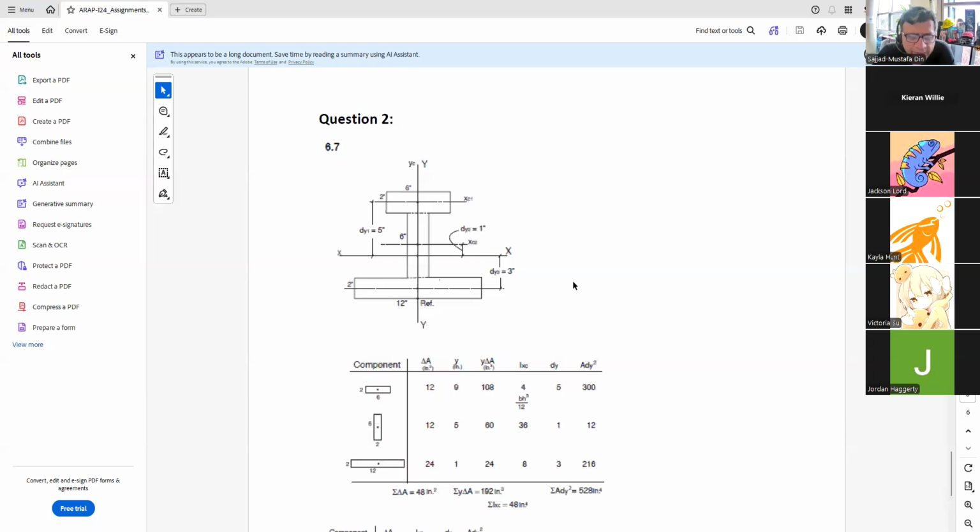There's two ways that you can complete this. First of all, you split it up into three shapes, just like you did before. So that's shape number one, shape number two, shape number three. Shape number one would be this one right here. Shape number two would be this one right here. And shape number three is this one right here.